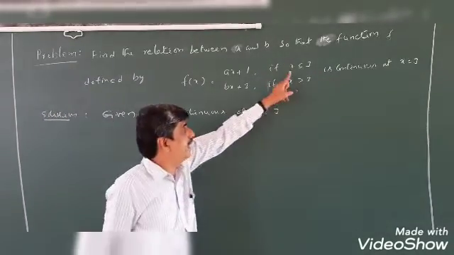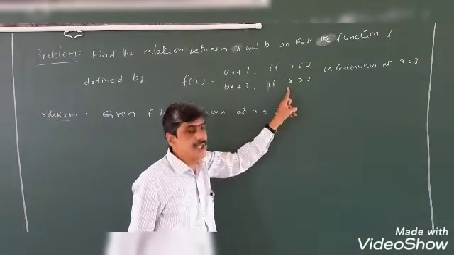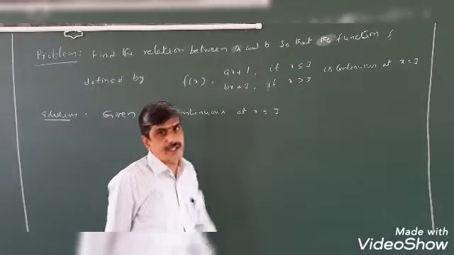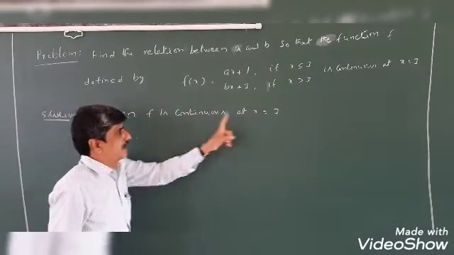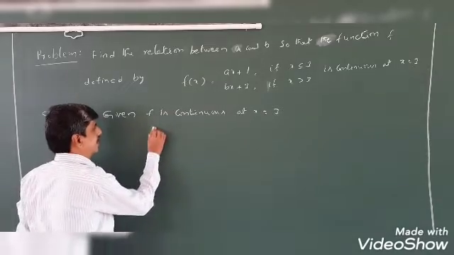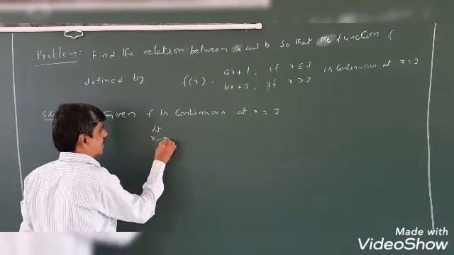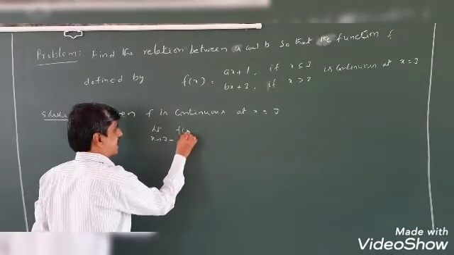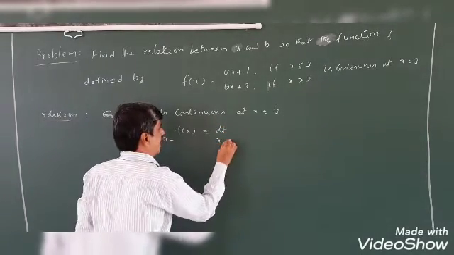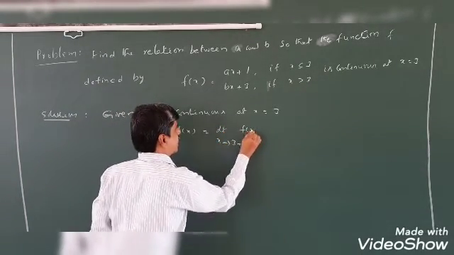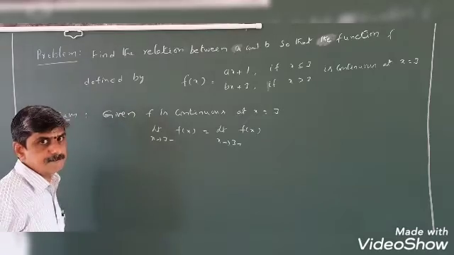Here the function is defined for x less than 3 and x greater than 3. So f is continuous at x is equal to 3 means limit x tends to 3 minus f of x is equal to limit x tends to 3 plus f of x.